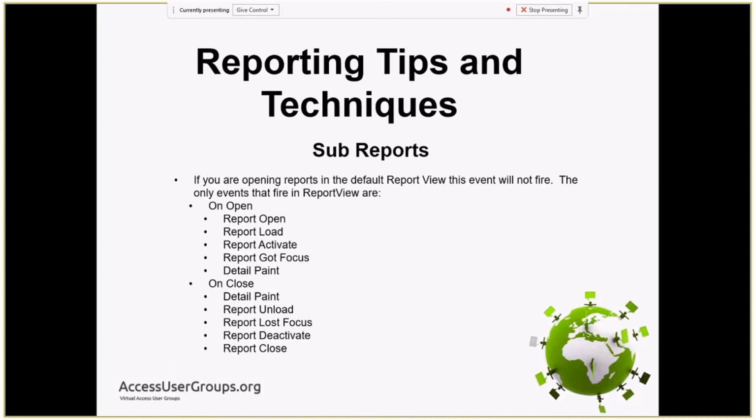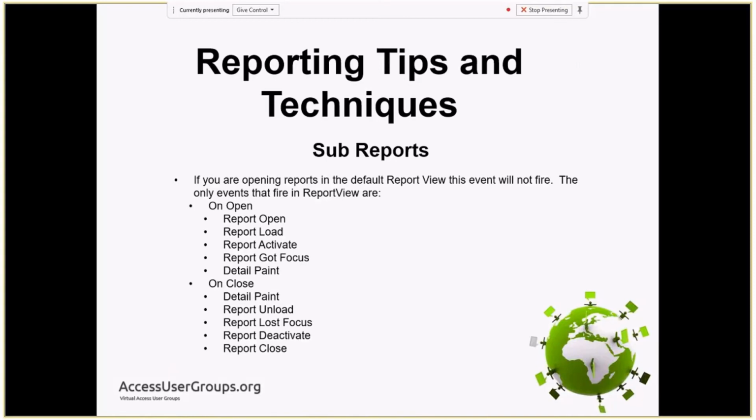So the only report events that fire in the case of report view are, in the case we're opening it, report open, report load, report activate, report got focus, and detail paint. And it does so in that order.